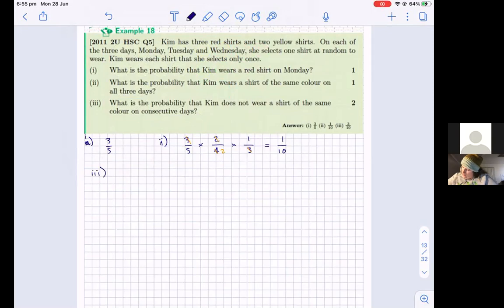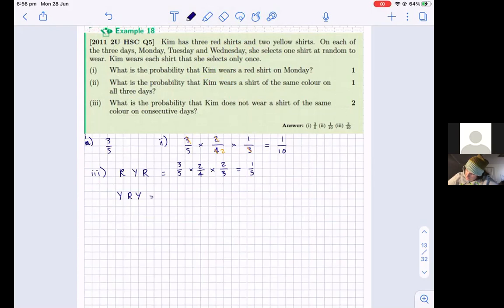And what's the probability she doesn't wear a shirt of the same color on consecutive days? Well, she could wear red, yellow, red, or she could wear yellow, red, yellow. So the probability of red, yellow, red, we've got 3/5, and then 2/4, and then we've got 2 reds left out of the 3 total. That's 1/5.